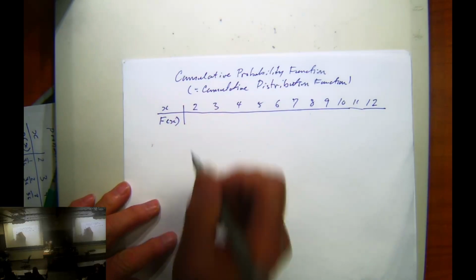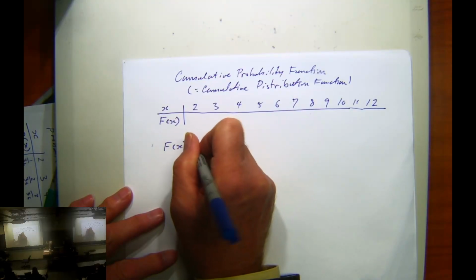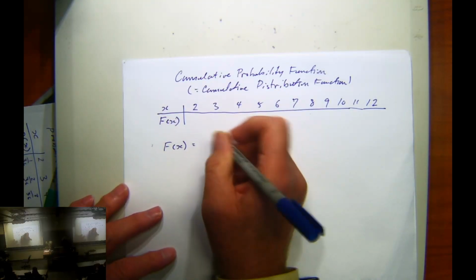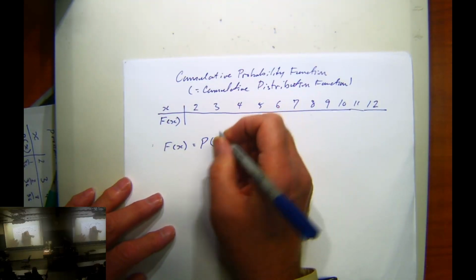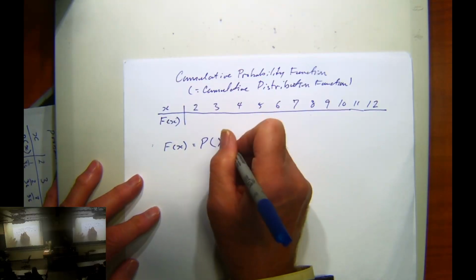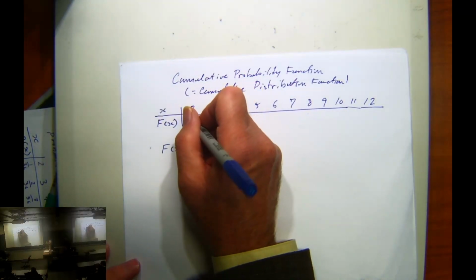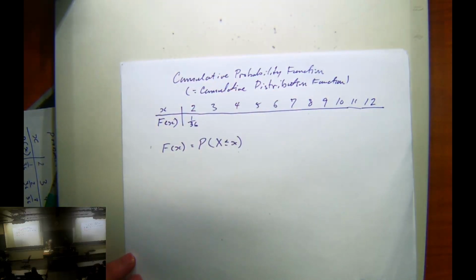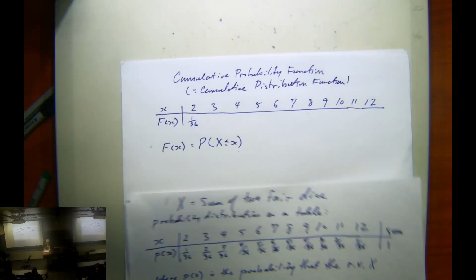Okay, so we do our values of x there. I'm using a big probability here. This is the probability that x is less than or equal to little x. Okay, so the cumulative probability for x equals 2 is simply the probability x equals 2. That's 1 out of 36. But if we were to say what's the probability x is less than or equal to 3, we've got to go back to our table here.